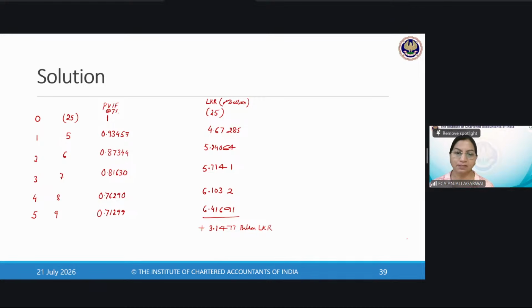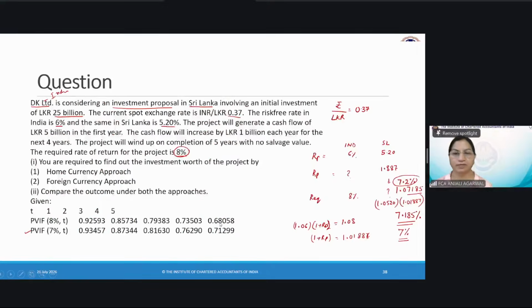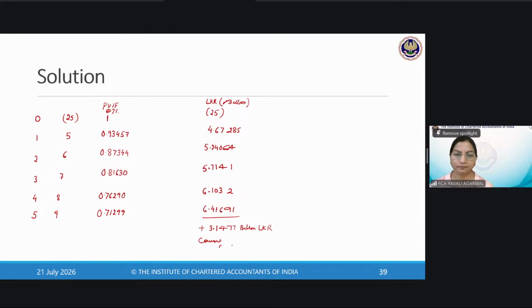Convert it into rupees. In the spot market, what is the exchange rate? 0.37. The NPV comes out to be rupee 1.164649 billion.